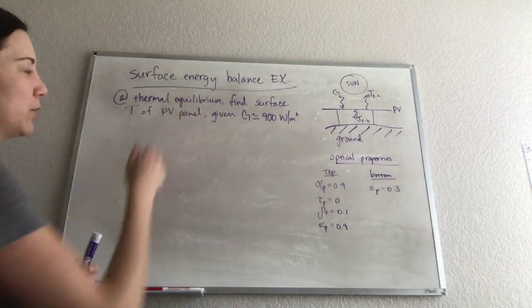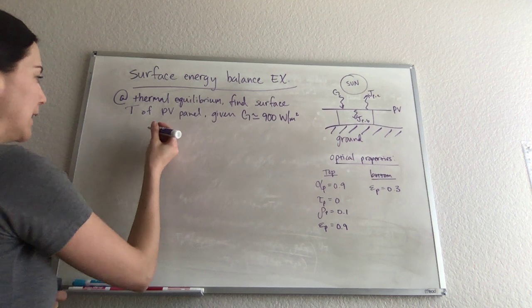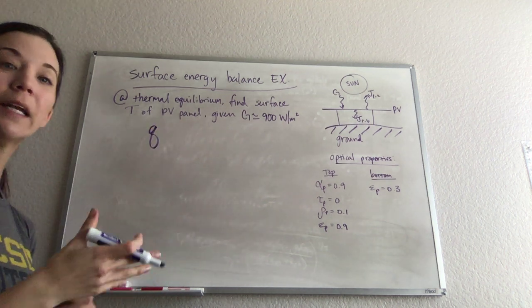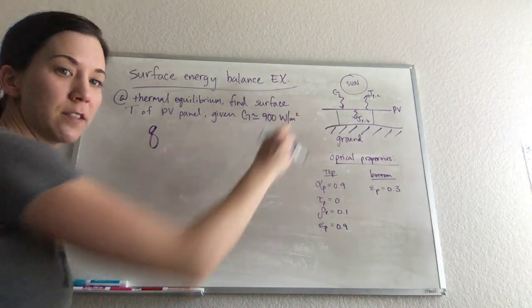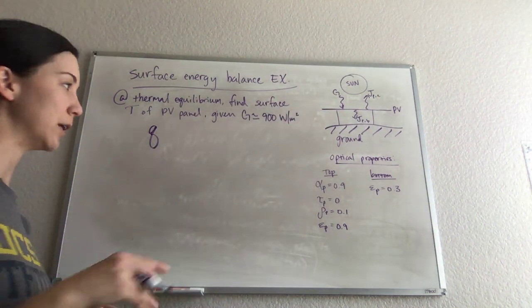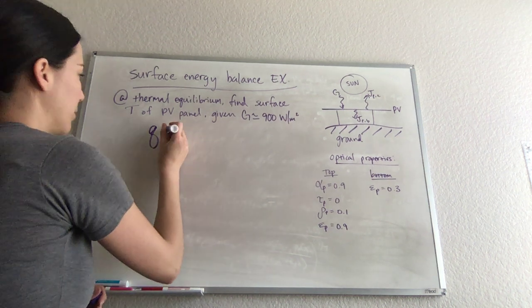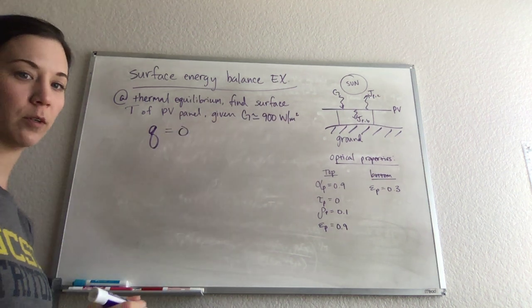So I've said at thermal equilibrium, which means that the net flux will be equal to 0. If Q is the net radiative flux from this surface, and it's at thermal equilibrium, which means this rate of flux is not changing, it's going to be equal to 0, okay?